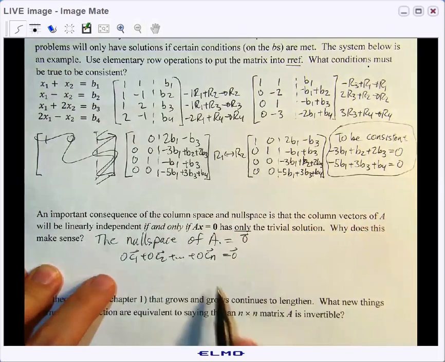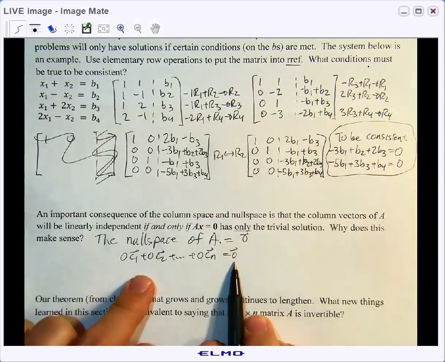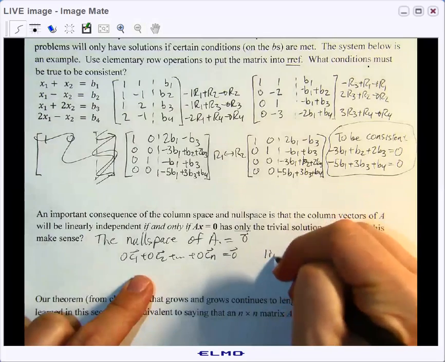Then, if that's the only way, then by definition, they are linearly independent.